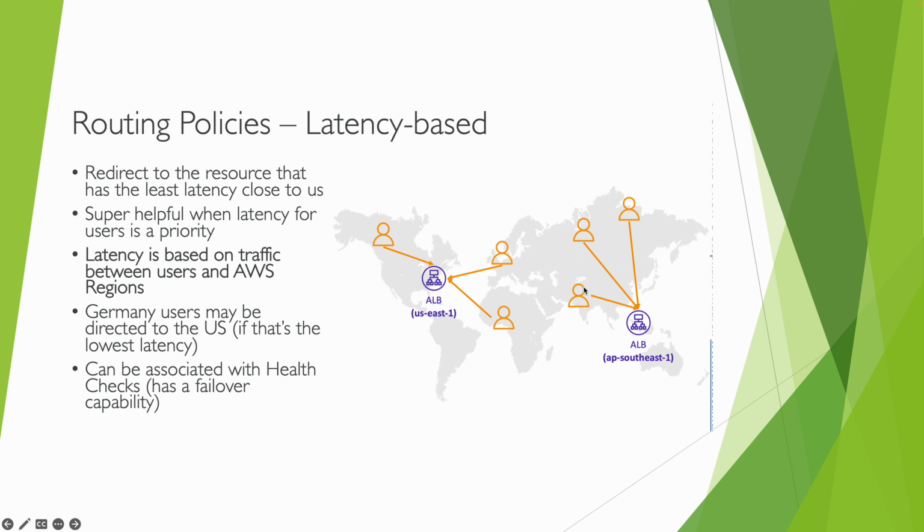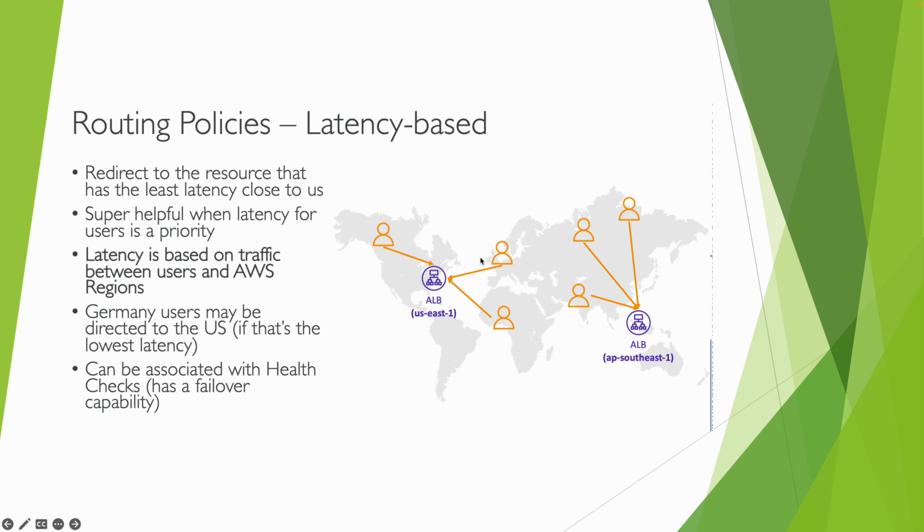Any person from India trying to open that URL, or trying to access that application, will directly go to AP South region because this is near to India, and it will go to this instance.